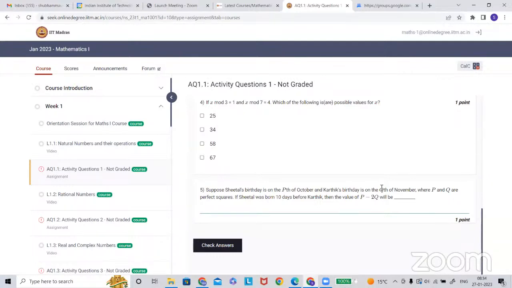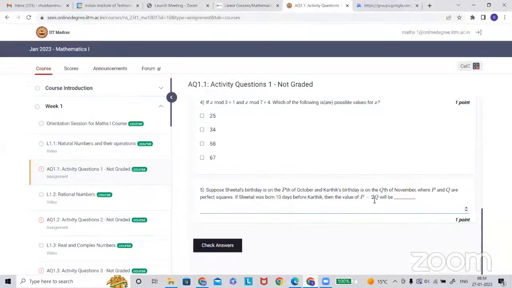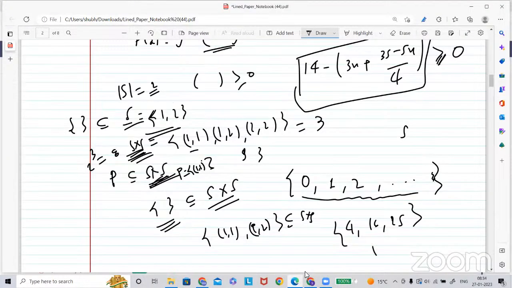There are 30 days, where 4, 16 and 25 are perfect squares. So we have to take 25 for P. Now what about Q? It is in November, which has 31 days, and it also has the same perfect squares.